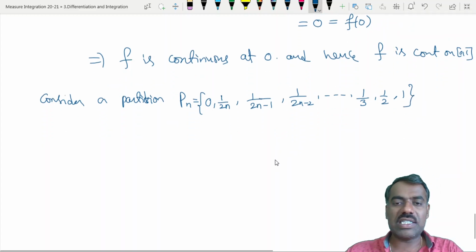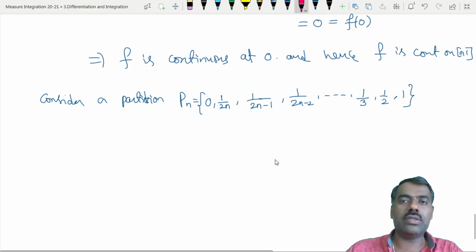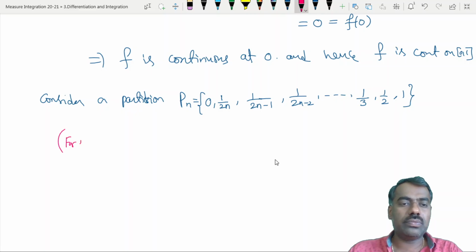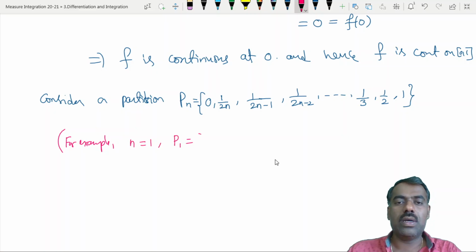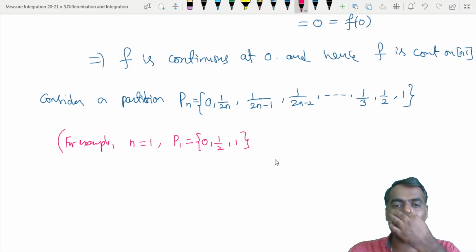Just for example, if I take n equal to 1, then what is this P1? 0, and when n is 1 it is 1 by 2, then 1. Is this clear? And what is P2?